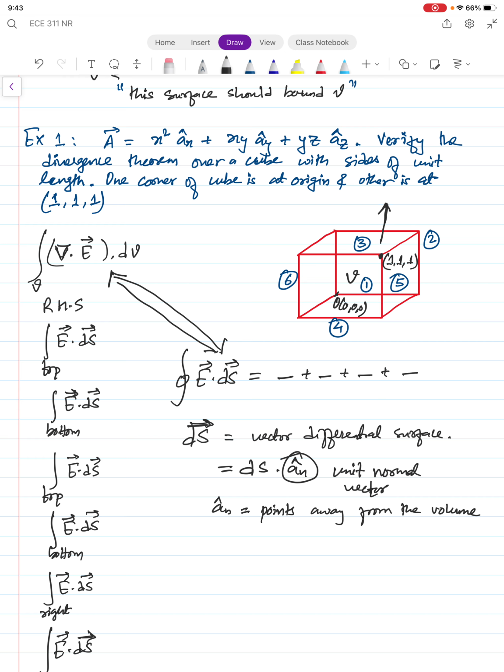For face number 4 it has to point downwards because that is the direction away from the volume, and so on, right? So you should be able to work on this problem.